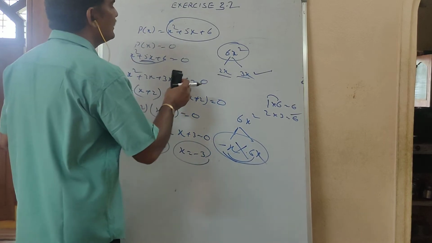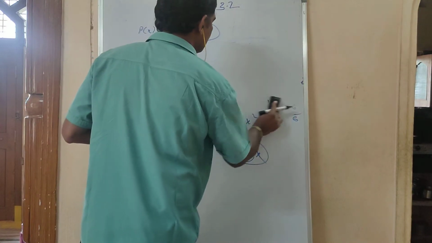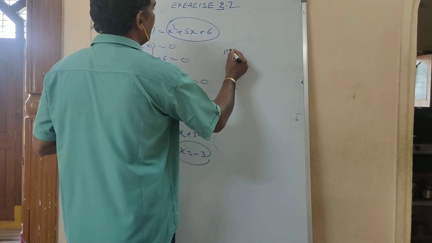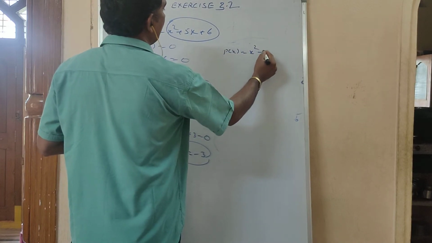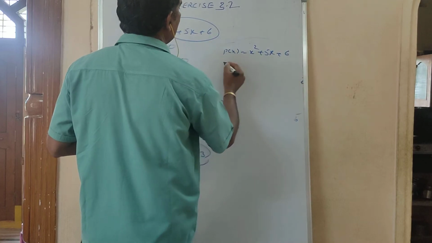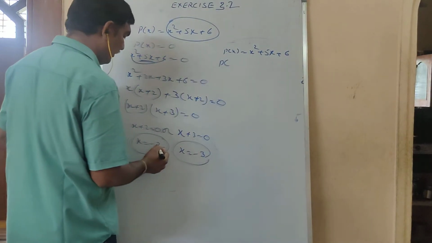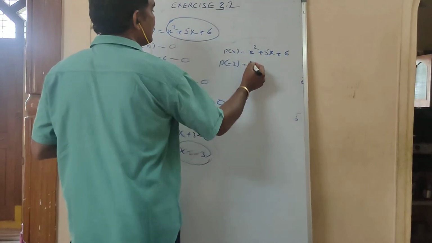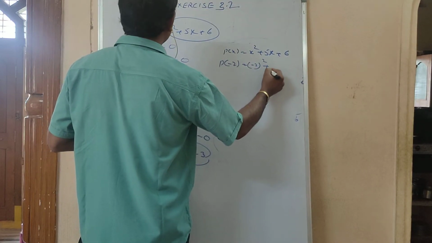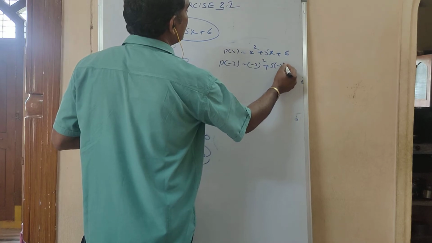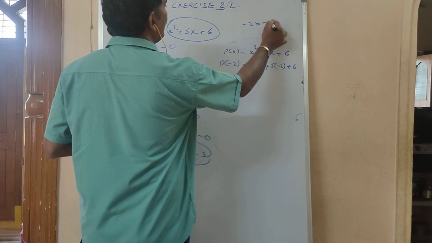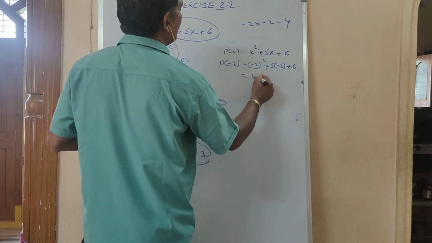Checking, you can do it. How to do the checking? In the polynomial p of x is equal to x square plus 5x plus 6, in place of x, first I am substituting minus 2. This x square, minus 2 whole square, plus 5 into minus 2, plus 6. Minus 2 whole square, minus 2 into minus 2, that is 4.